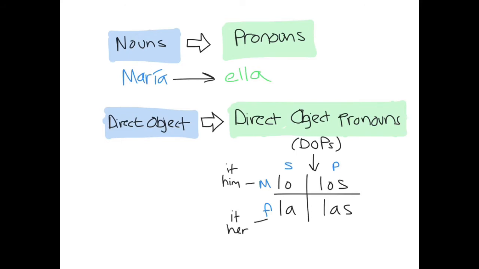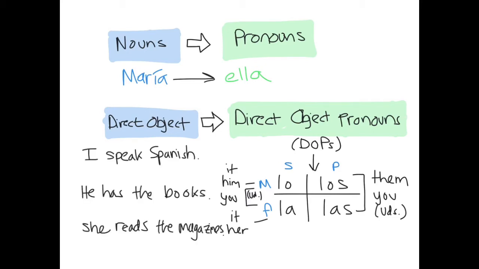It or her we get from la, and both of these terms can mean you when we're referring to usted in a direct object sort of way. So I take you to school, for example. Los and las both mean them, can be used for people or objects, or you as in an ustedes direct object situation.